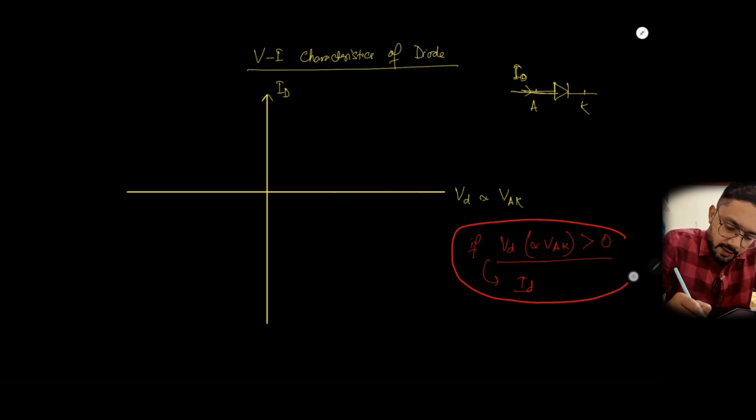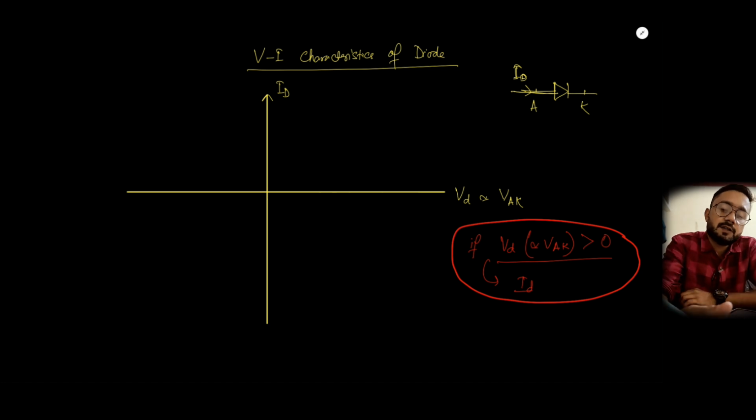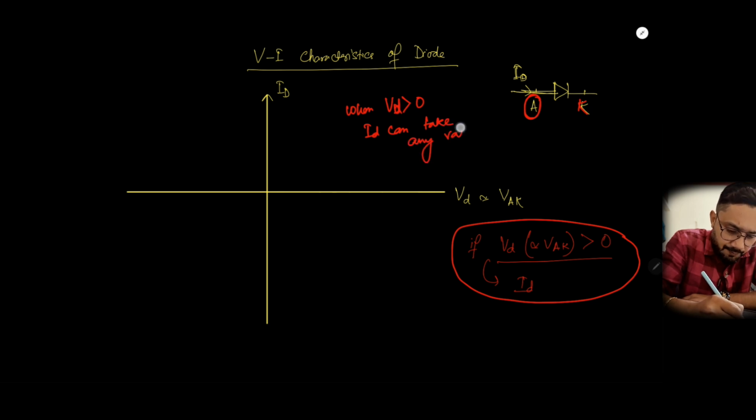So we have already studied that if the voltage at the anode terminal is greater than the cathode terminal, then the diode will conduct. So when VD is greater than 0, current can take any value.